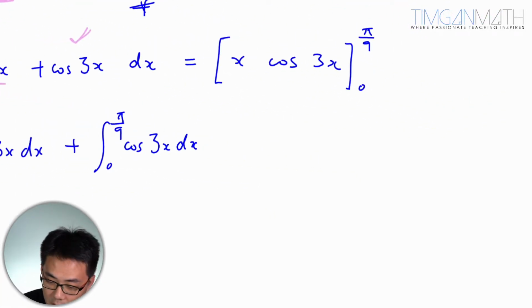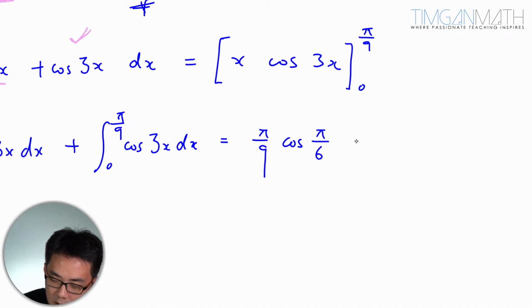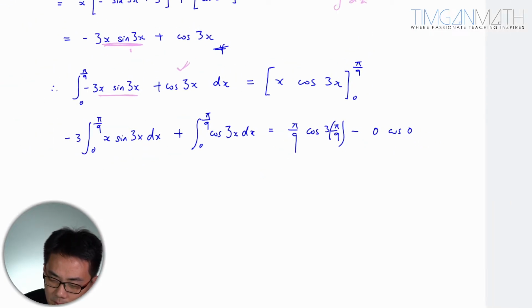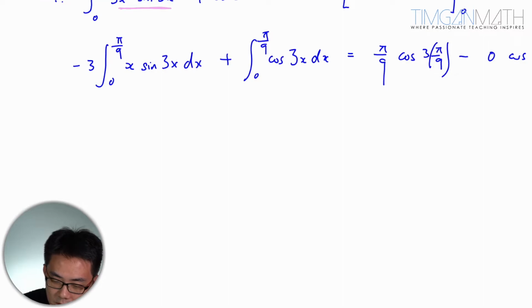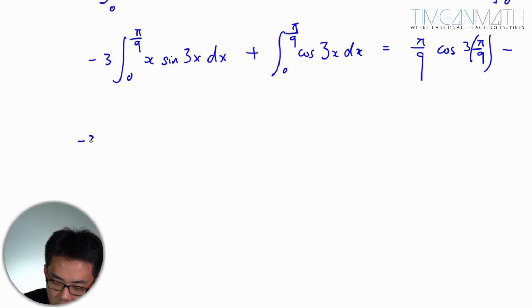For the left side, we substitute pi over 9 into x cosine 3x. Cosine 3 times pi over 9 is cosine pi over 3, minus the value at 0, which is 0 because of the factor x. The integral of x sine 3x is what we want to find, so just leave it there.